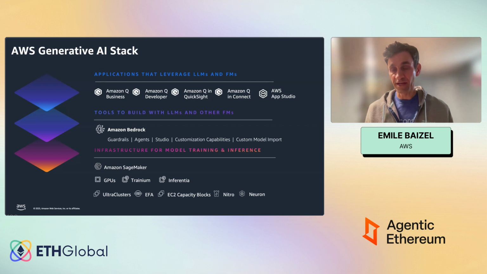In the middle, we have Amazon Bedrock, which is what we're going to be talking about today. And at the bottom is for machine learning engineers. If you're building a model from the ground up, you would use Amazon SageMaker, with a broad choice of different hardware which you want to run that on. But that's for a different day. Today, we're going to be talking about that middle piece with Amazon Bedrock.